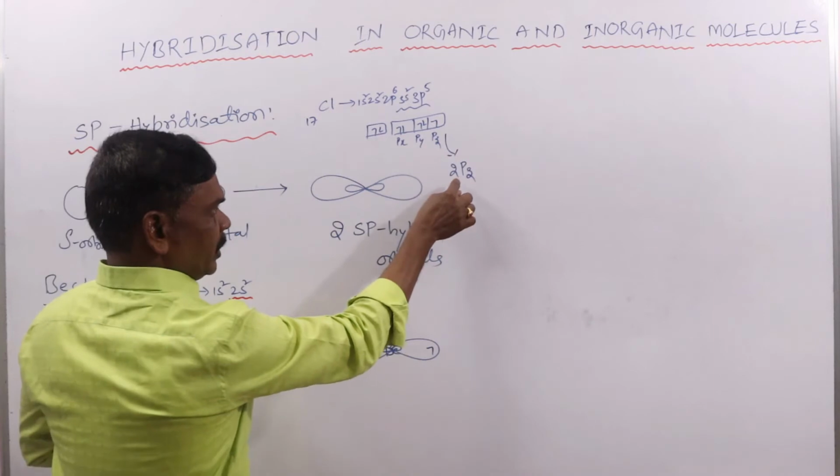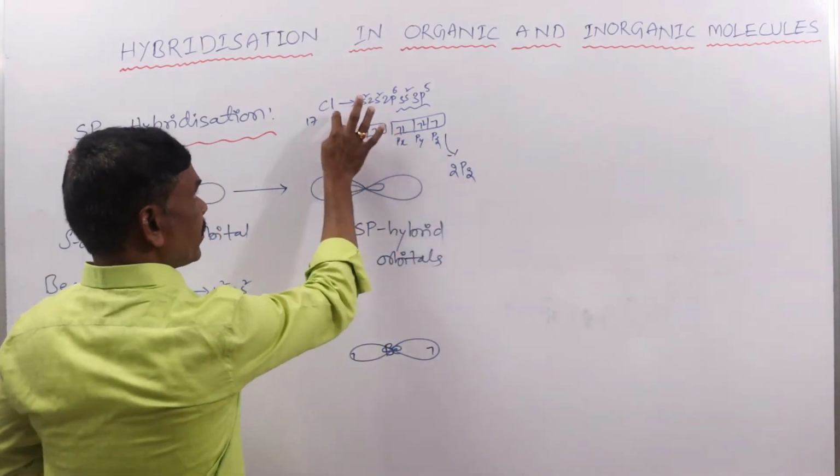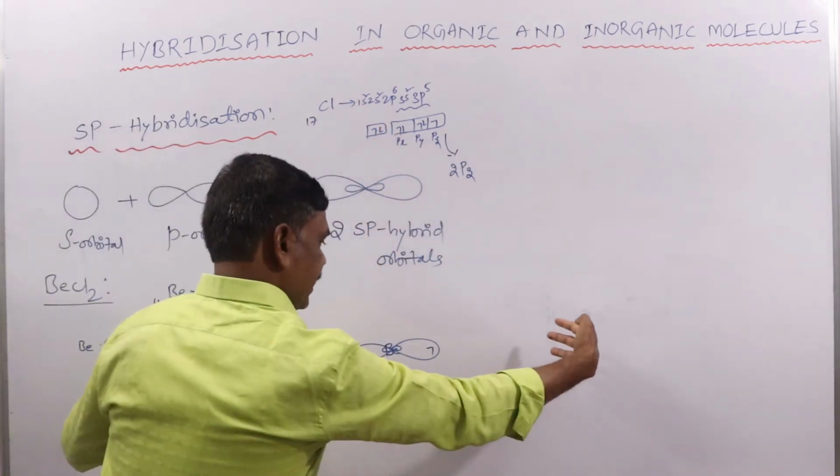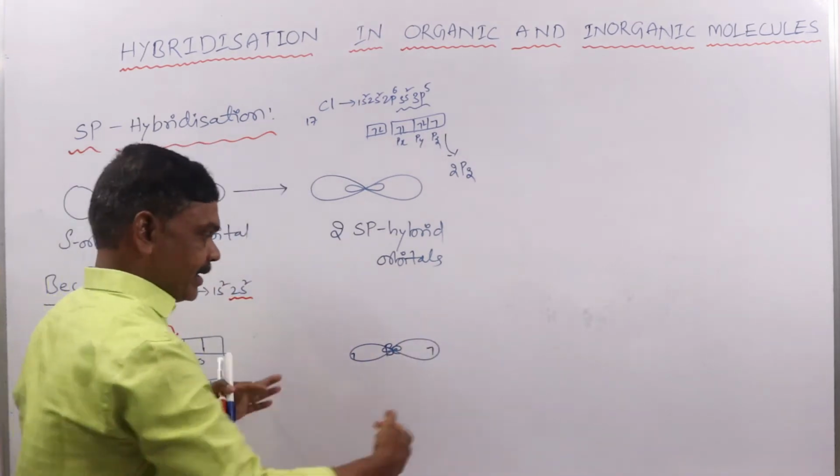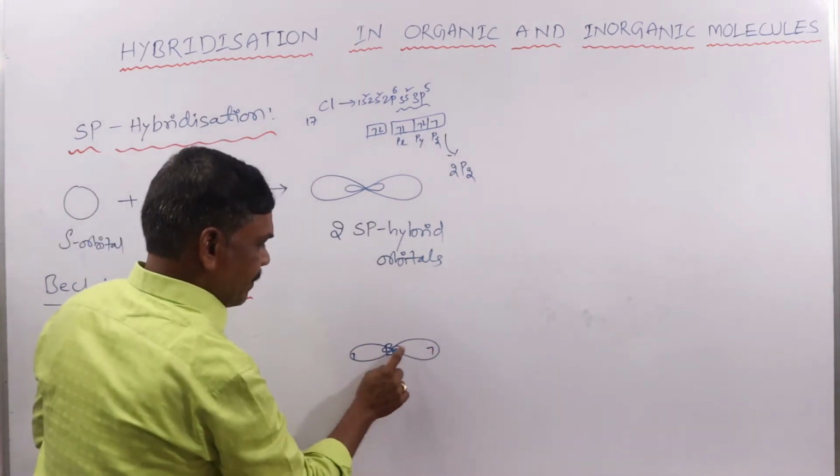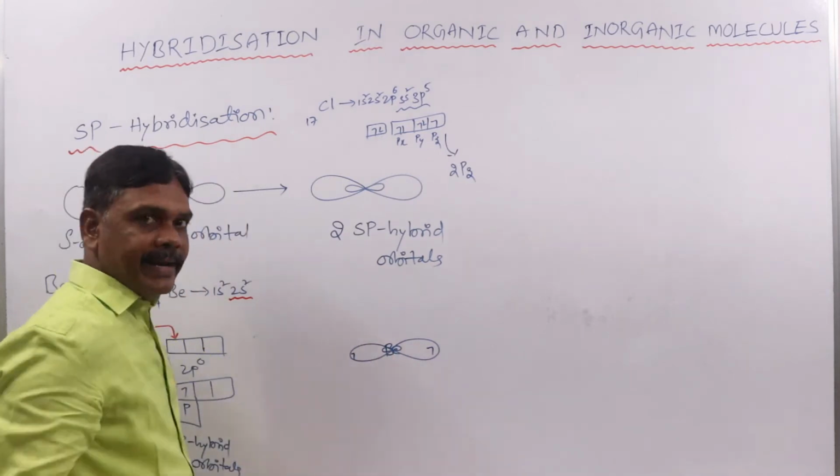Now the two pz orbitals of chlorine overlap linearly, that is, axially, with the hybrid orbitals of beryllium.